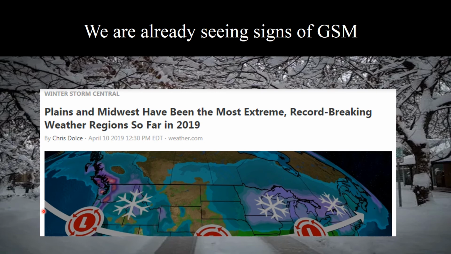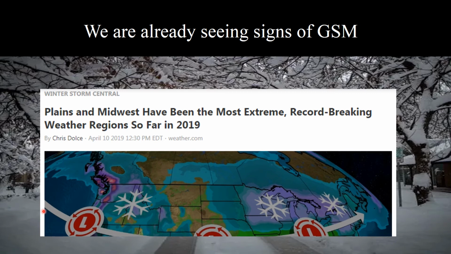So we've seen certain weather changes that would suggest that we are already proceeding into a grand solar minimum, especially in the areas where we saw the weather changes during the Maunder Minimum. So if you know where to look and what to look for, you can already start to see some changes that make sense.